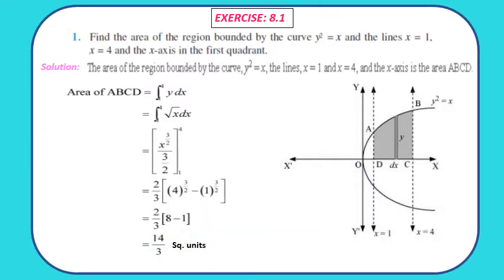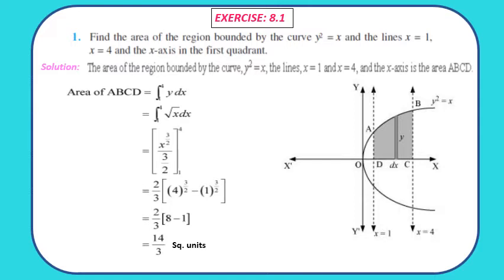So let's start exercise 8.1, and question 1 is: find the area of the region bounded by the curve y square equals x and the lines x equals 1, x equals 4 and the x-axis in the first quadrant. Okay, so we need to find the area in the first quadrant only. Whatever be the sum of integrals application, it is compulsory to draw the figure.